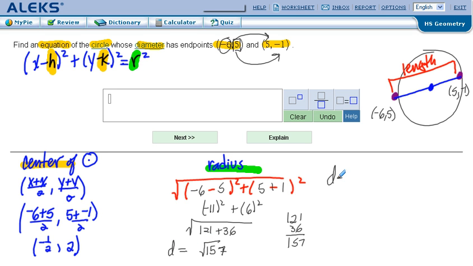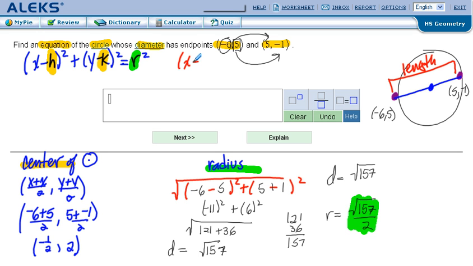Now, if our diameter is the square root of 157, to get our radius, it's simply that divided by 2. And that looks tricky. Don't be intimidated, because it's actually very easy to use. So first we want to plug in and clean up.